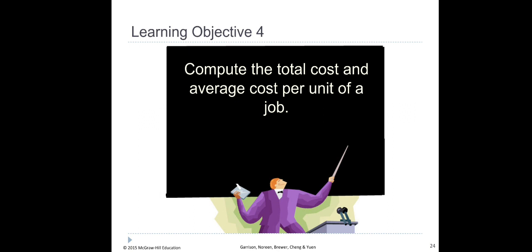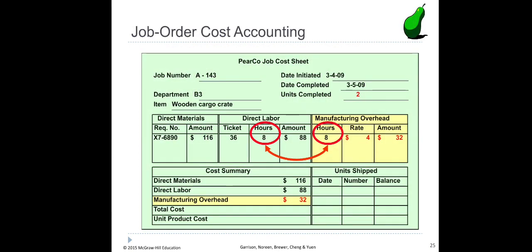Okay, this is the example of how to calculate the total cost for a job. Remember, this is the job cost sheet that you have seen in the previous slide. Direct material is $116; you can trace that cost easily.